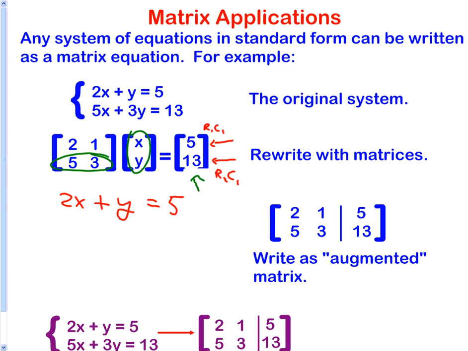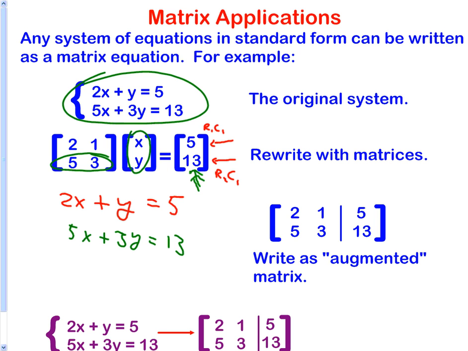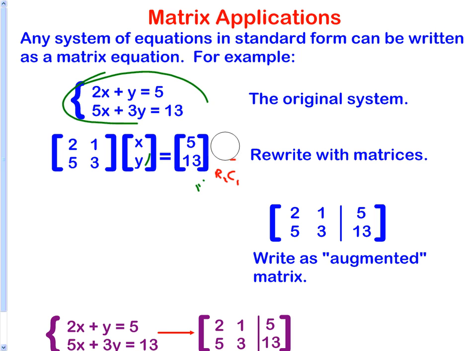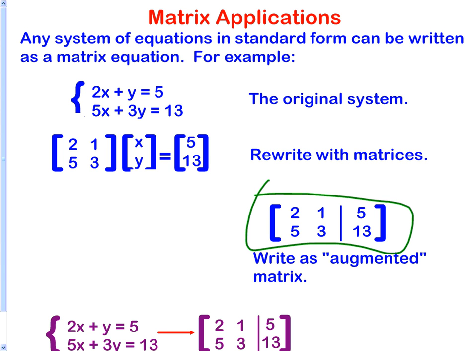Here's row 2, column 1. 5 times the x, 3 times the y, 5x plus 3y equals what? It's right there, 13. So this is just another way to write these equations so that if I actually multiply my matrices outright, I would get these back again. So all you have to know, though, is an even simpler format for it, where they just cut the x and the y out of the loop, and they just say this right here.